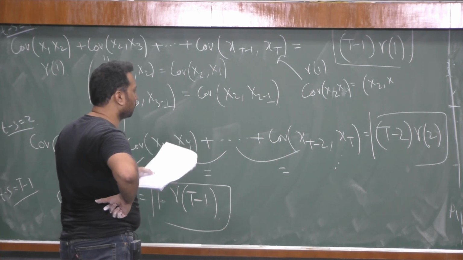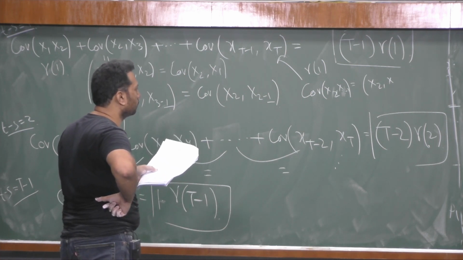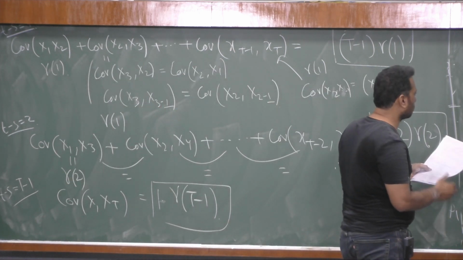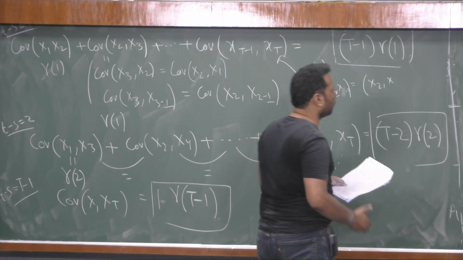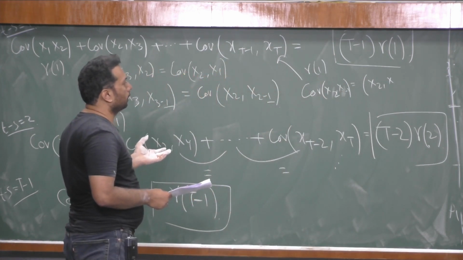With our assumptions, the variances are the same for x1, x2, x3, so they will all be the same in this case. The variance of x2 will be the same as the variance of x1, and so on.